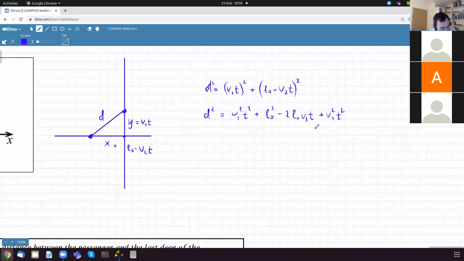Now combining the like terms, I get (v1 plus v2) t squared minus 2 L0 v2t plus L0 squared, and this is obviously equal to d squared.